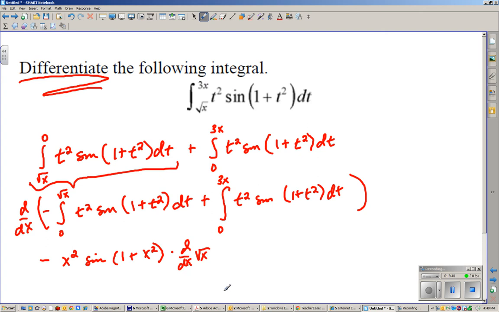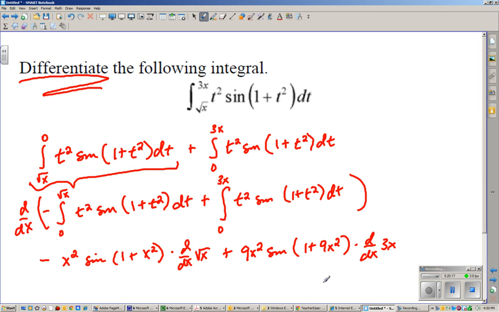And again, that's because of the chain rule. Working with this right side, won't it be plus now, putting in 3x and squaring it, won't that give us 9x squared times the sine of 1 plus 9x squared. And won't we have to multiply that by the derivative of 3x?